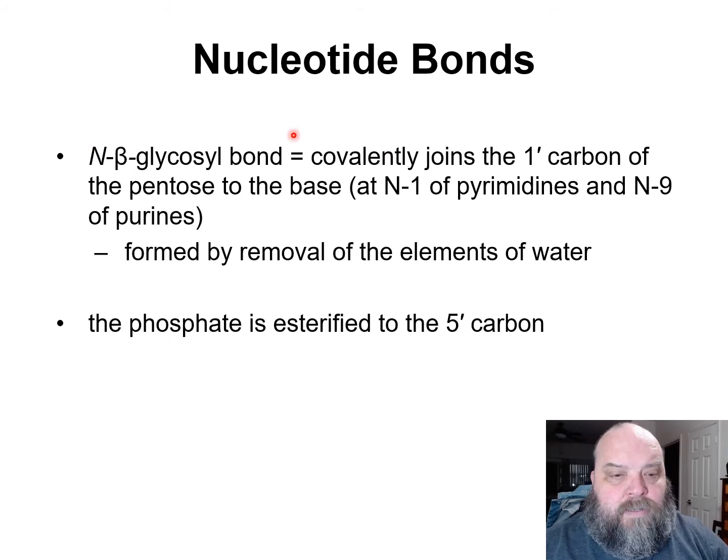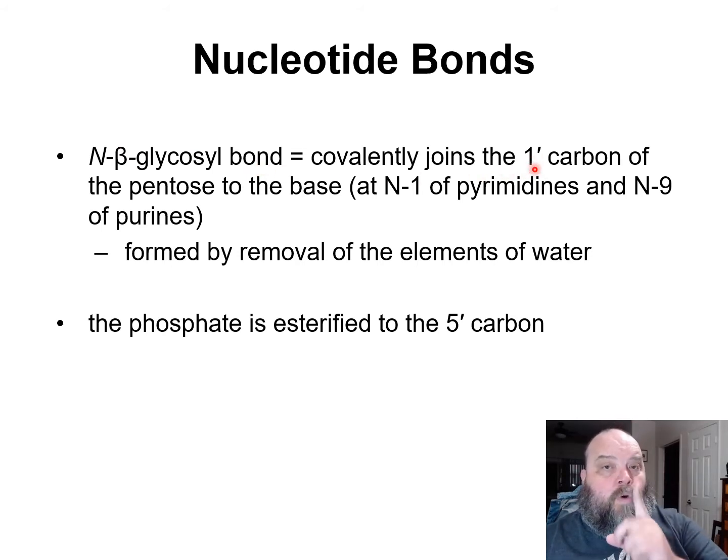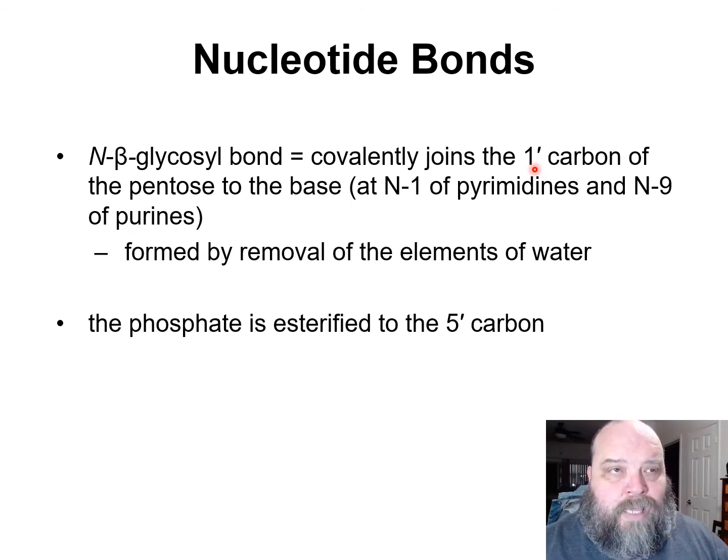When you look at these nucleotides, you're going to see a specific bond mentioned. N-beta glycosyl bond. Okay? From the 1' carbon of the sugar, it's in the beta conformation.